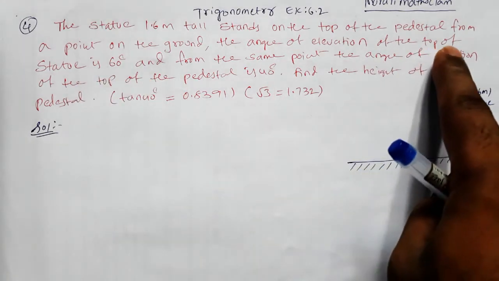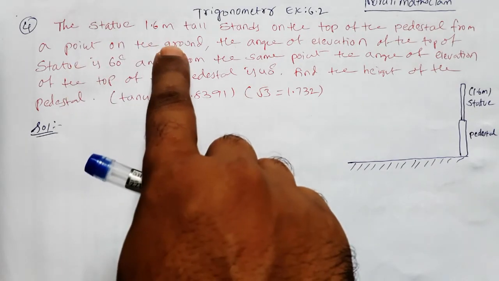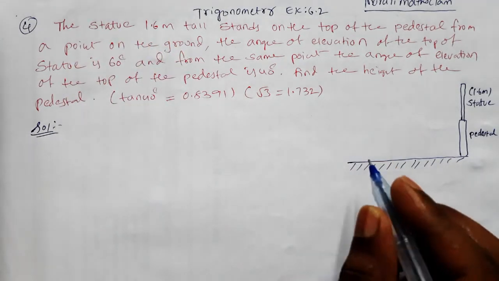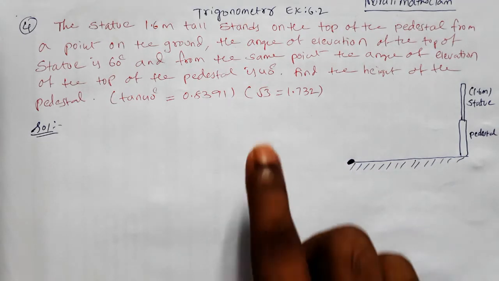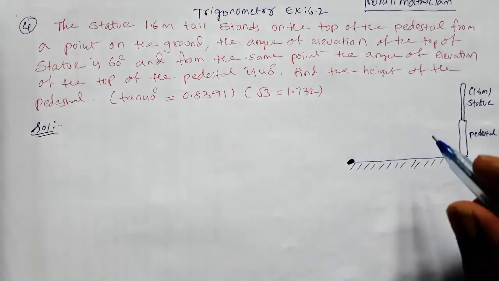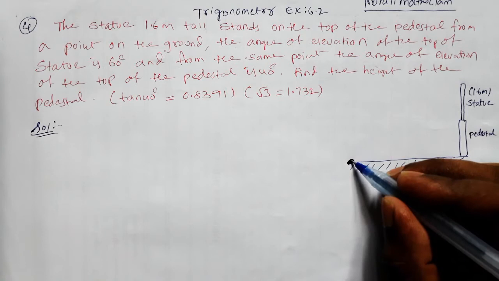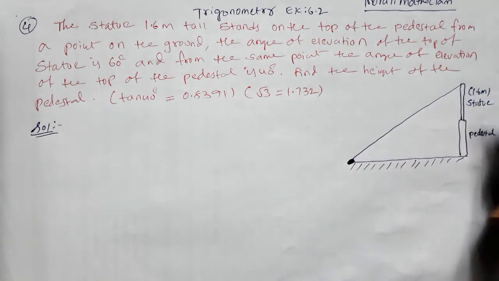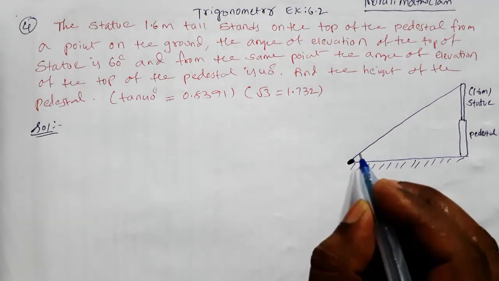From a point on the ground, let us take one point. From this point, the angle of elevation of the top of the statue, like this, is given as 60 degrees.